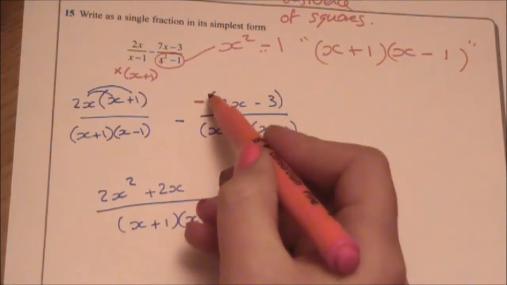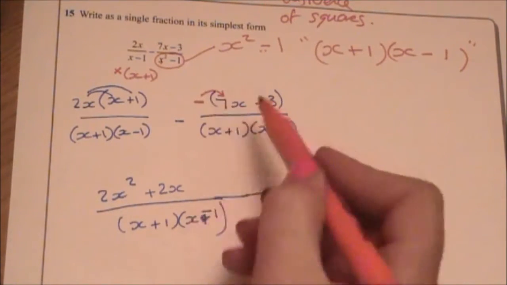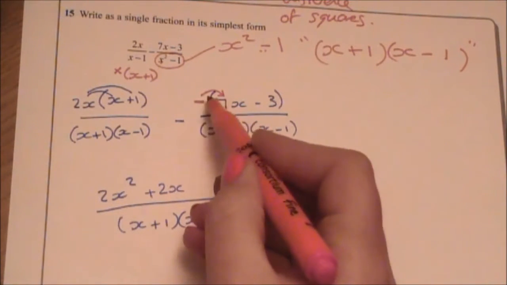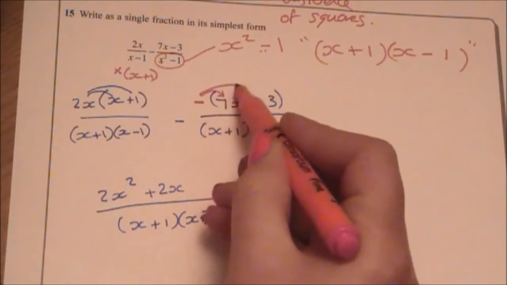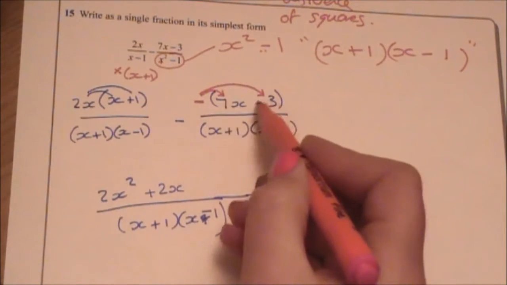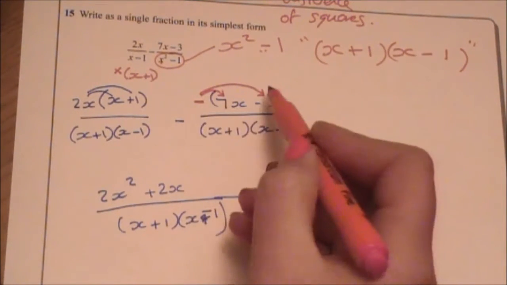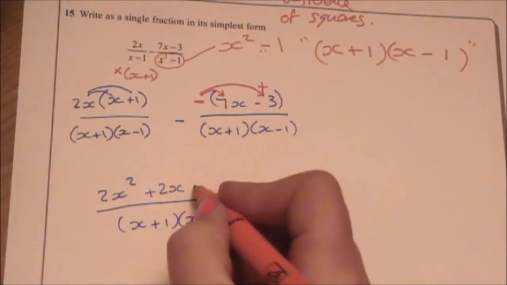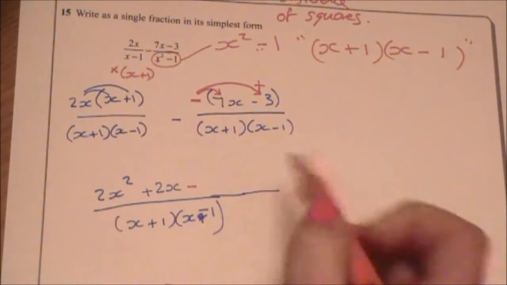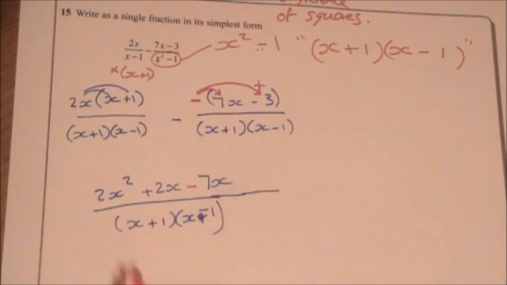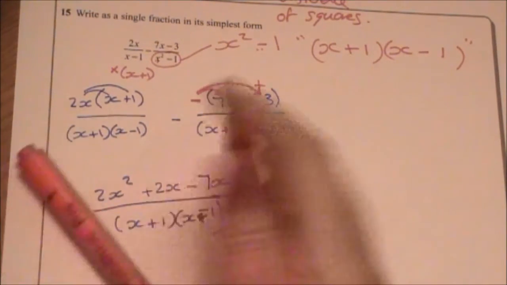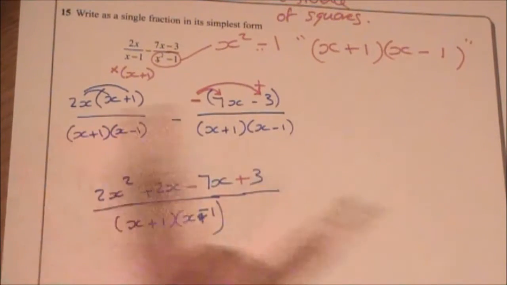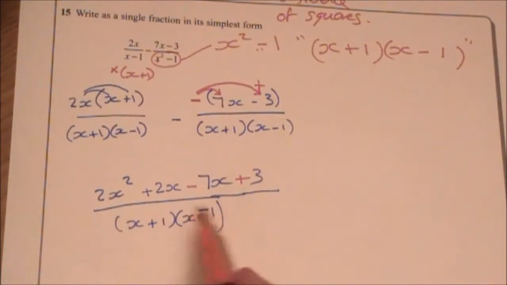So you have to switch that from a positive 7x to a negative 7x. And that's going to switch as well, because a negative and a negative is a positive. So what I end up with here is minus 7x plus 3. That's quite a confusing thing because people never understand the fact that the signs change. So keep that in mind.